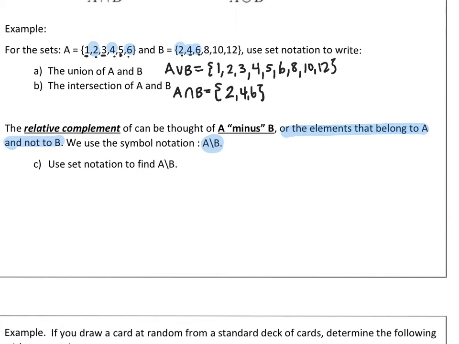So A, take away the things that are in B. So if I take the set A, 1, 2, 3, 4, 5, 6, and I take away the things that are also in B, my A given B set is, so I would take out the 2, 4, 6, and I would have 1, 3, and 5 as my A minus B, my relative complement.